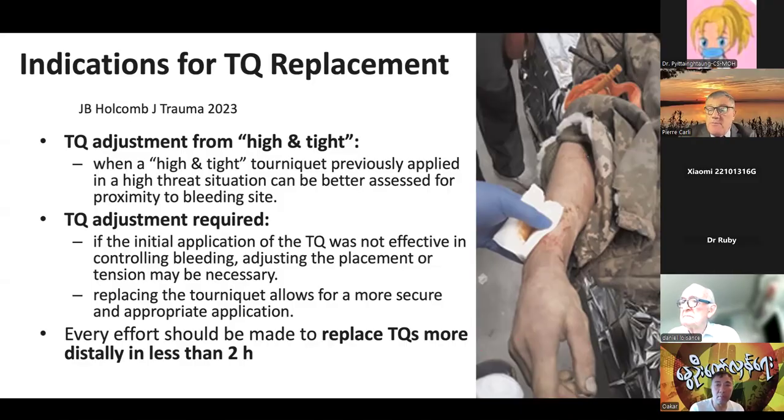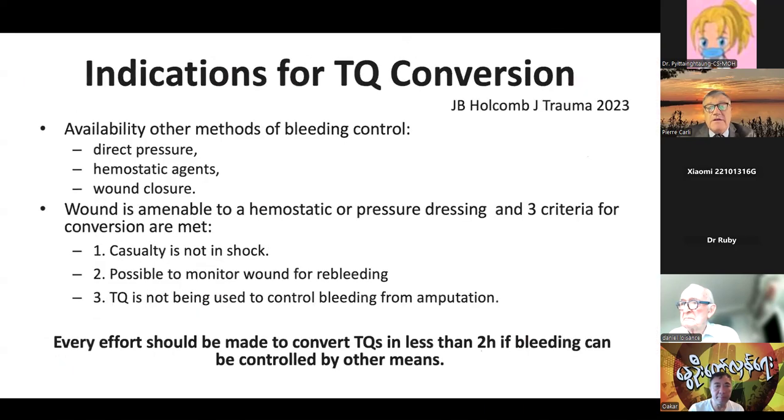You change the place of the tourniquet, and you have to check the tourniquet in all cases before the second hour, in less than 2 hours. After 2 hours, the tourniquet may be something very difficult to manage.